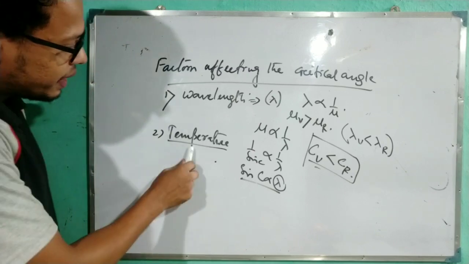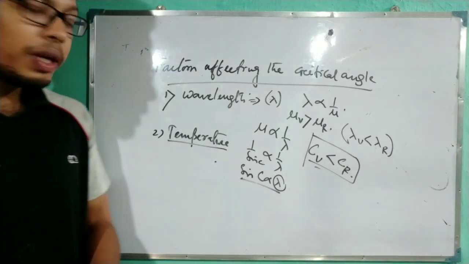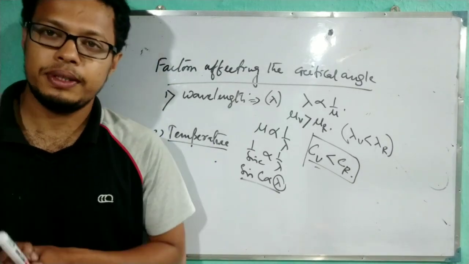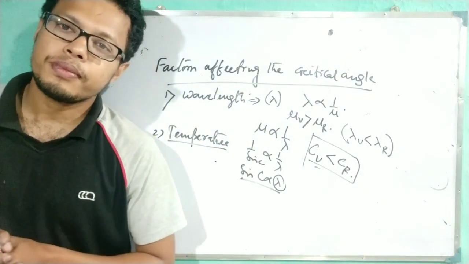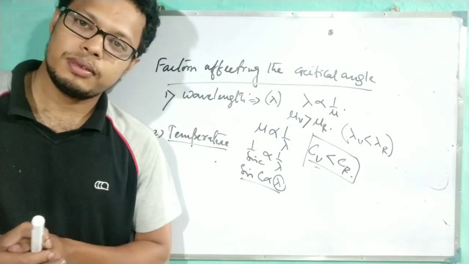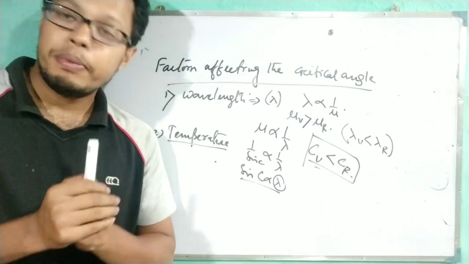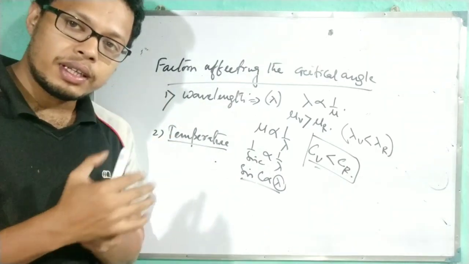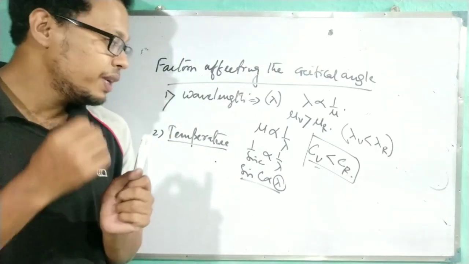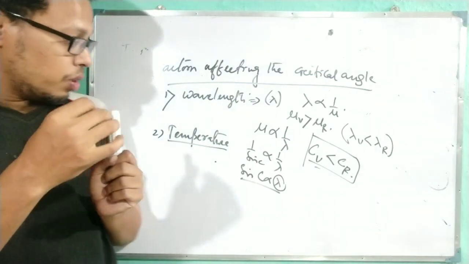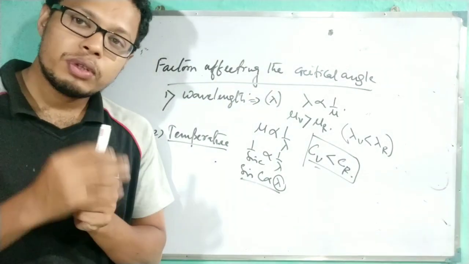Now, the second factor is the temperature. When the temperature increases, how does the refractive index change? It decreases. Refractive index is about the optical density.